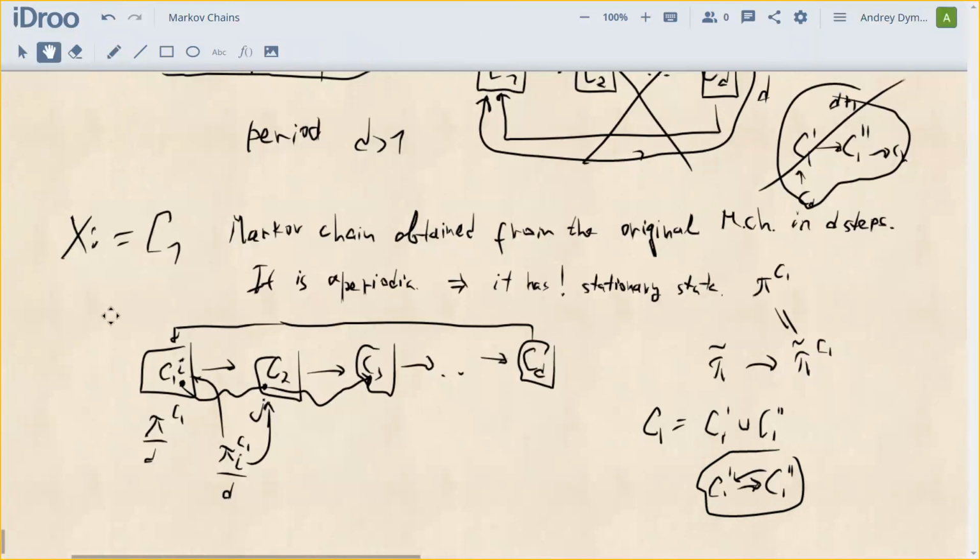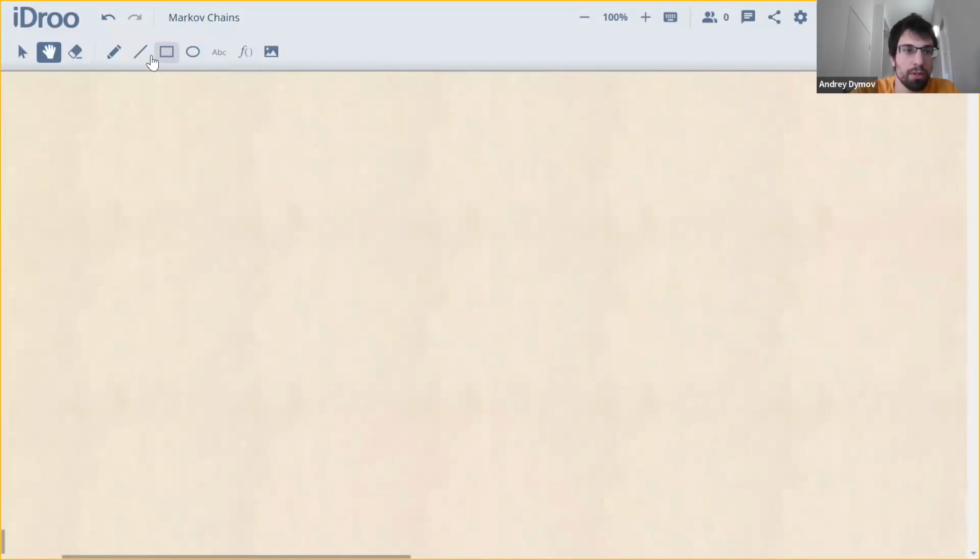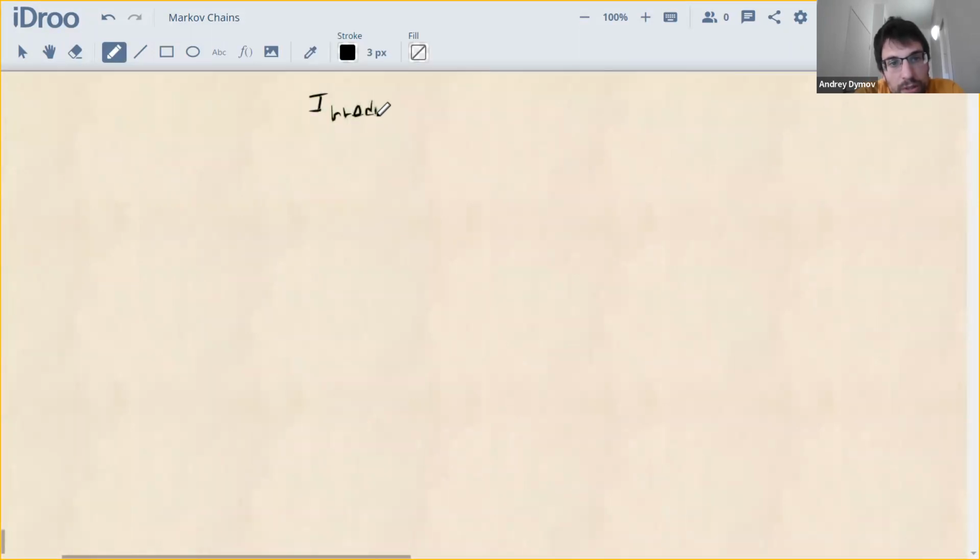Yes. Well, now we understand everything concerning stationary states of an irreducible Markov chain. Let me repeat it. Once the chain is irreducible, it always has a unique stationary state, and it can be periodic or aperiodic.